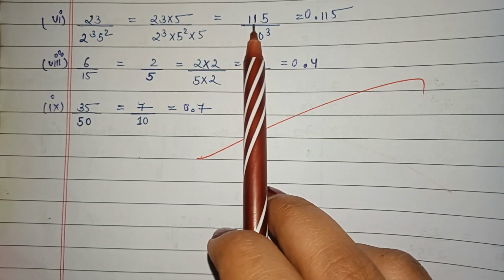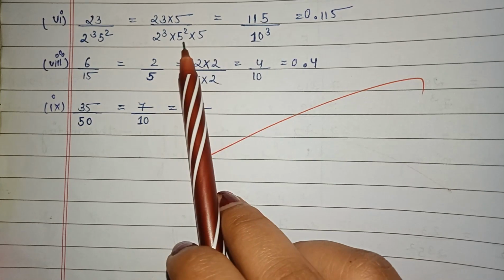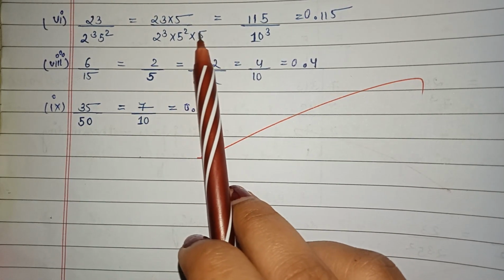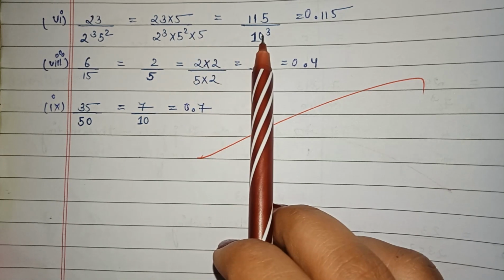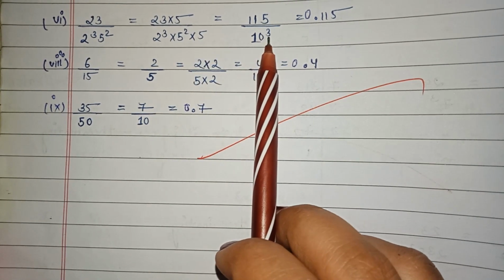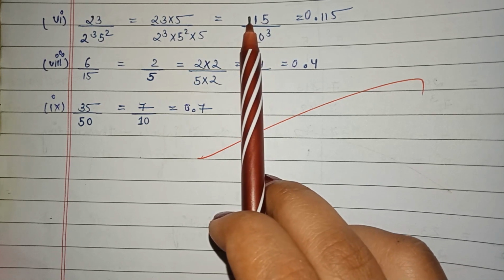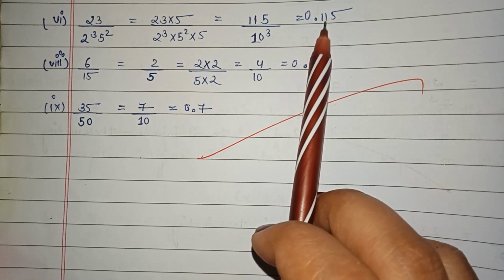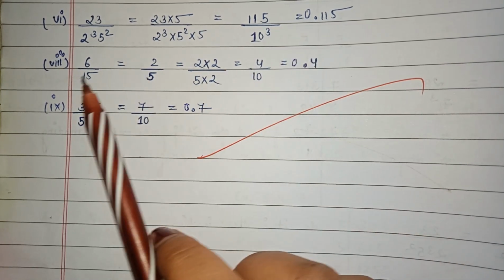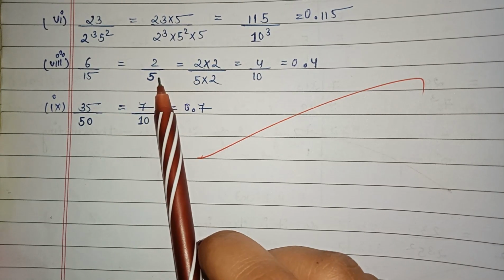Now above we get 115 by multiplying these two terms. Below we will get 5 raised to the power 2 into 5 raised to the power 1, which will be 5 raised to the power 3, which becomes 10 raised to the power 3. Now I will shift my decimal by 3 digits towards the left and I will get the answer 0.115.